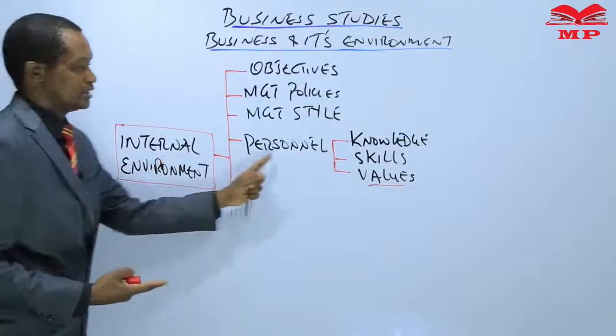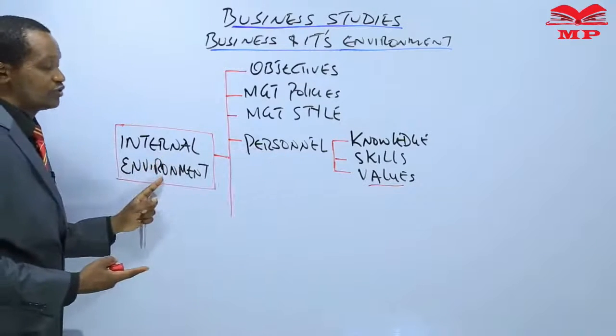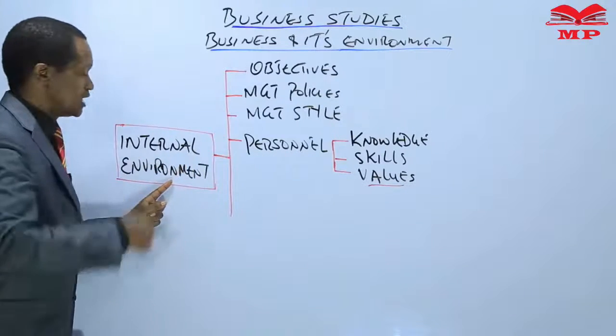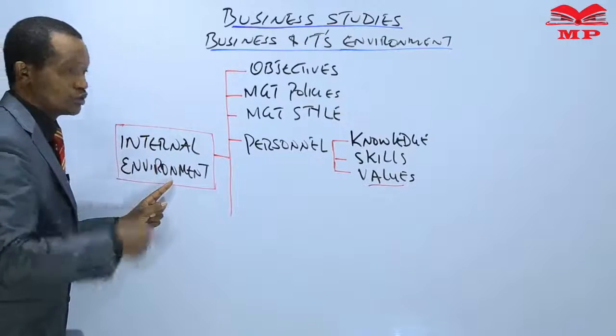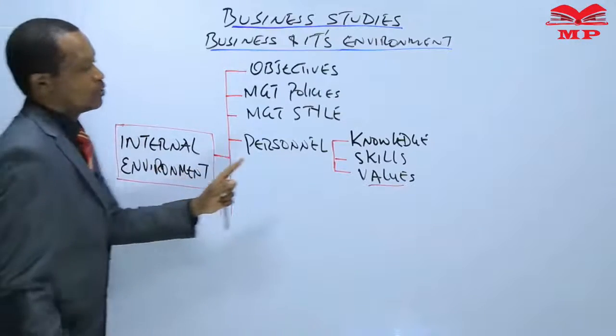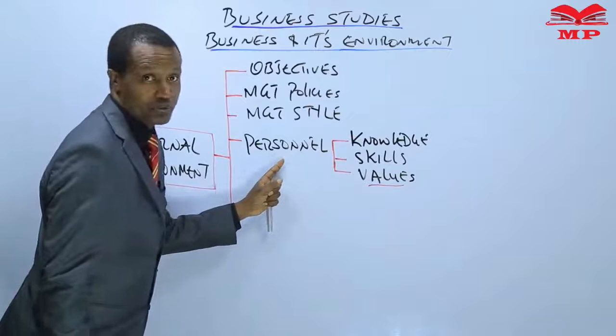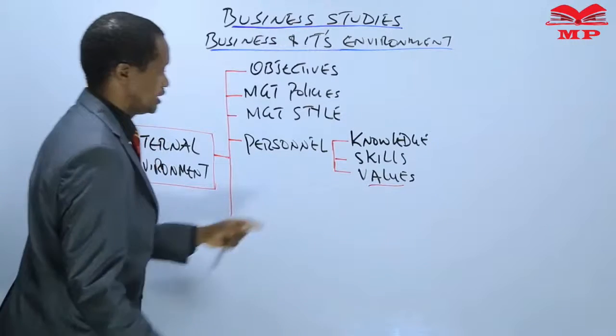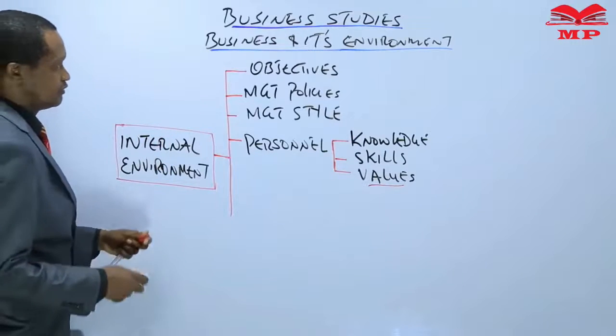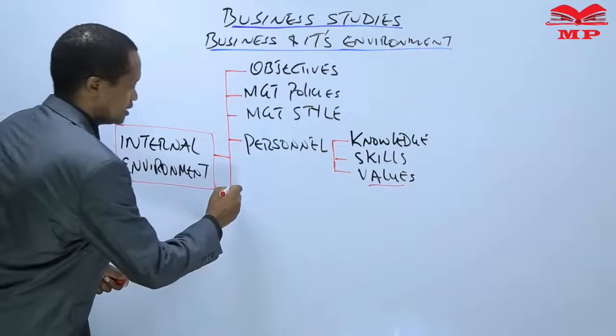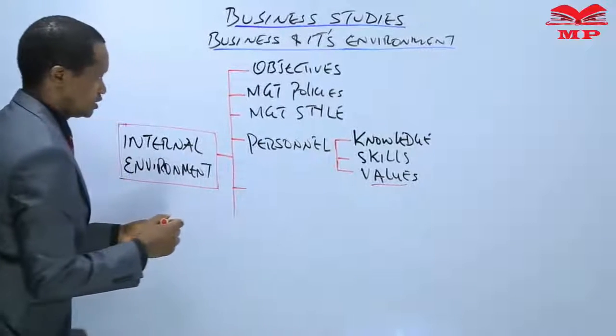We are discussing personnel under internal environment because the management has control over which employees or personnel will be hired. Okay, another factor we are going to discuss is number 4.